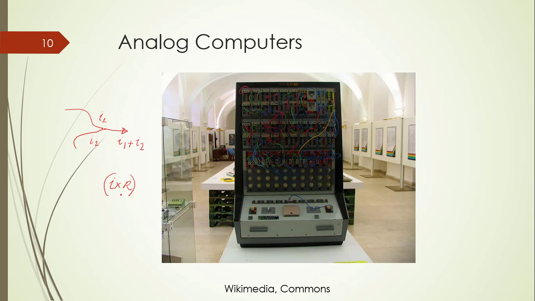This is like a proto multiplier. On the same lines, I can implement division: if I can control the voltage and the resistance, then I can implement division as well, and the final output will be the current.